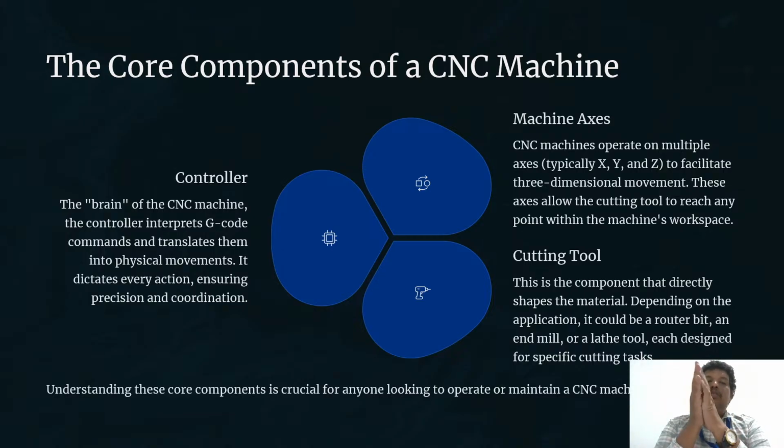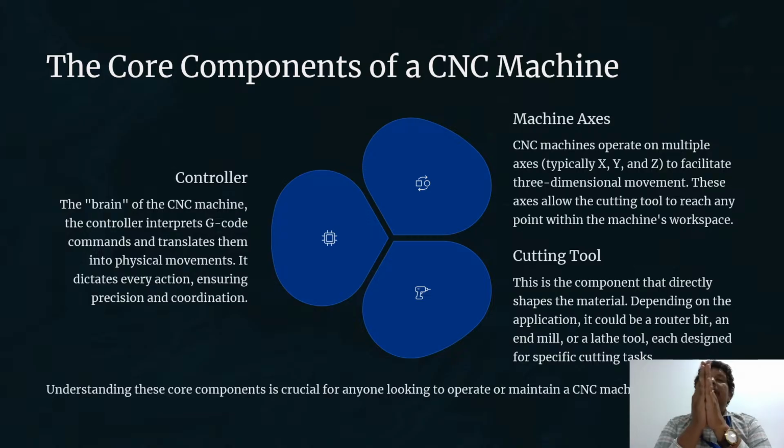The first thing is the controller. The controller is also known as the brain of the CNC machine. Just like our human brain, it accepts the program given by the programmer. Then this brain interprets the G codes and M codes, which are the basic thing in the CNC program.